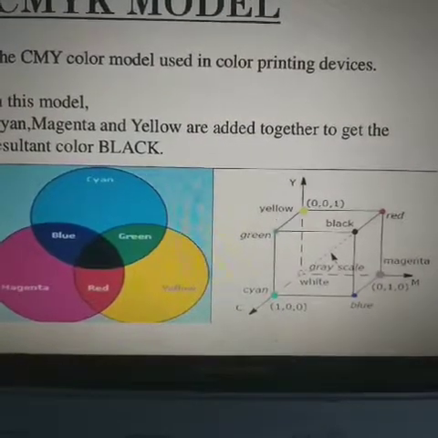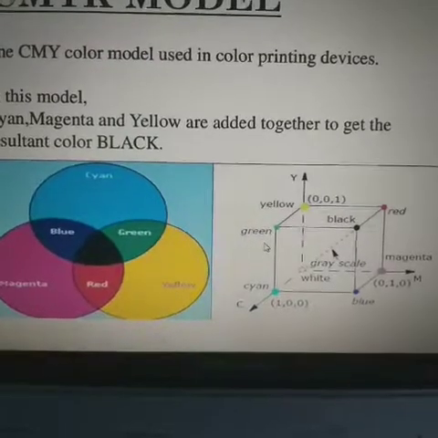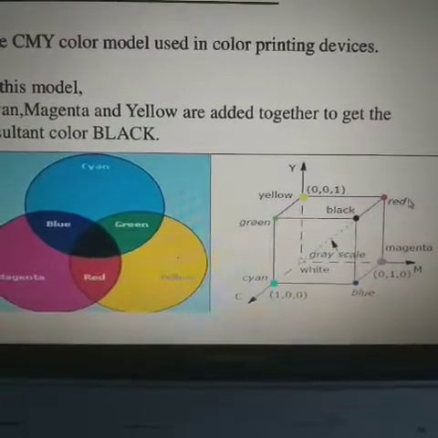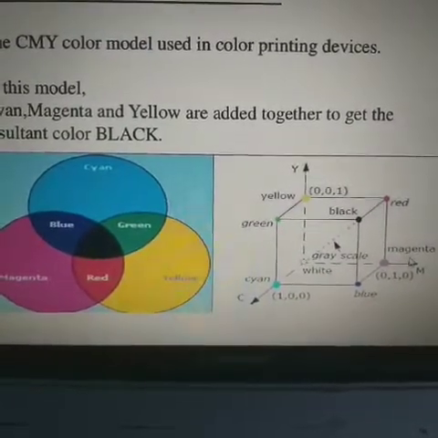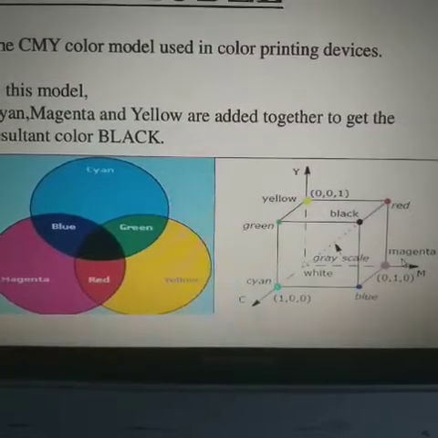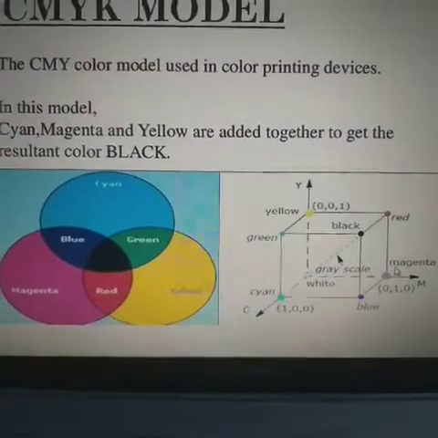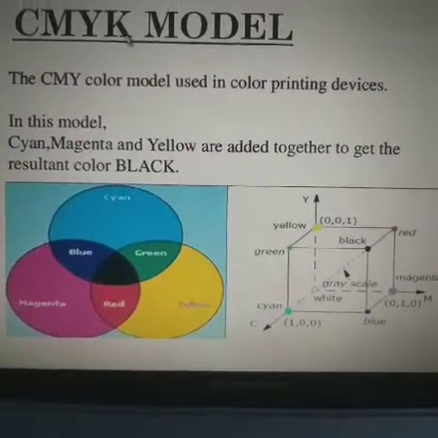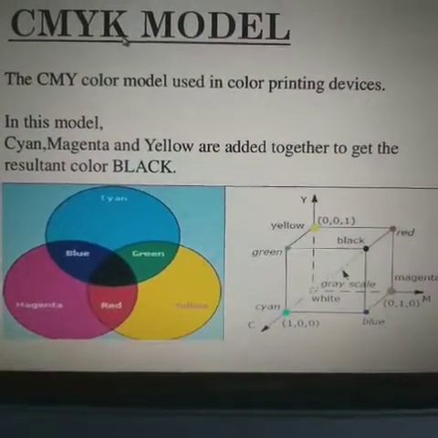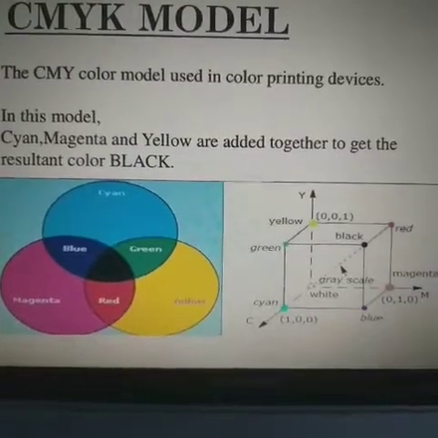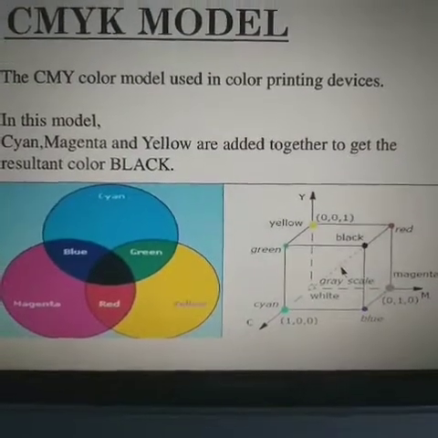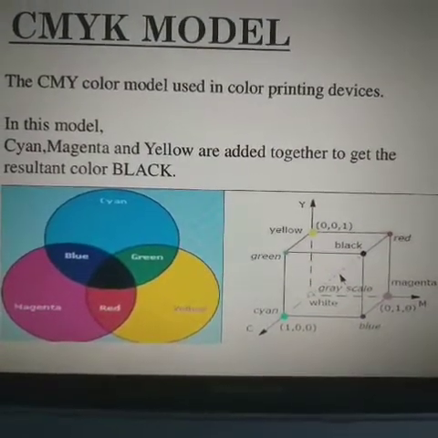With the combination of yellow and cyan we get green, red and blue give magenta, and yellow and magenta give red. Here the K indicates the black color.